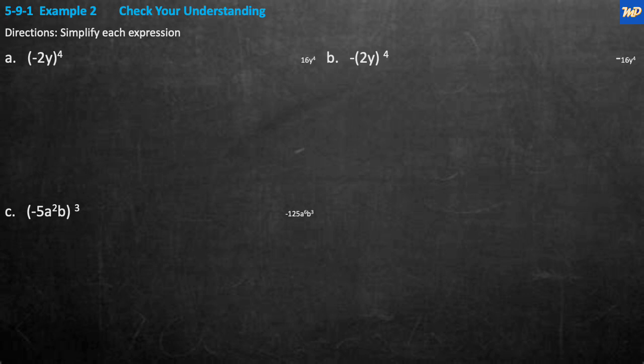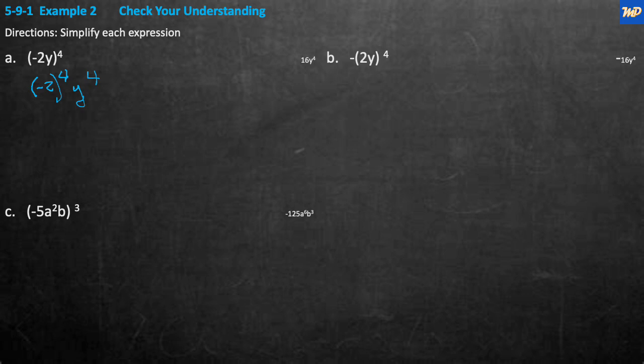And A, now like previously we had the negative sign inside the parenthesis, so that it does get multiplied and raised to the power 4. So in this case, we have negative 2. I'm going to put the parenthesis around it. Negative 2 raised to the 4th power times y raised to the 4th power.